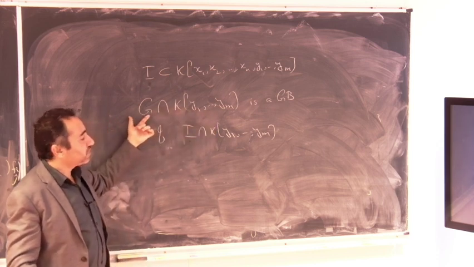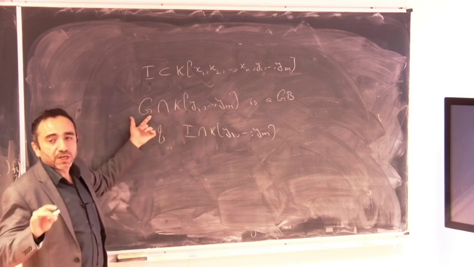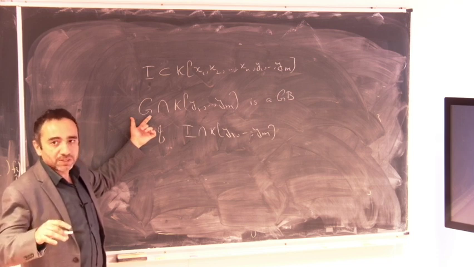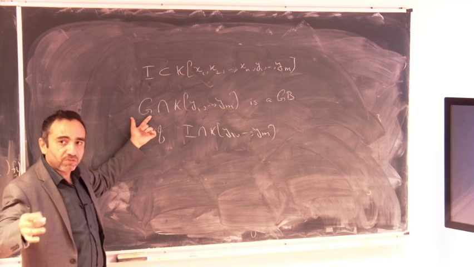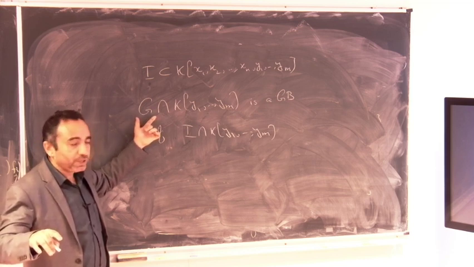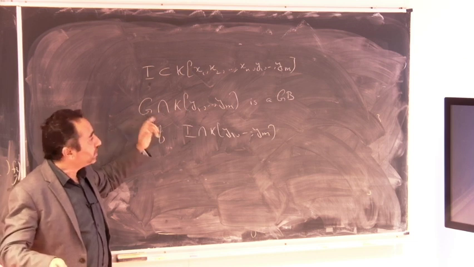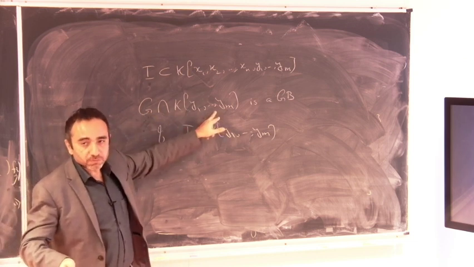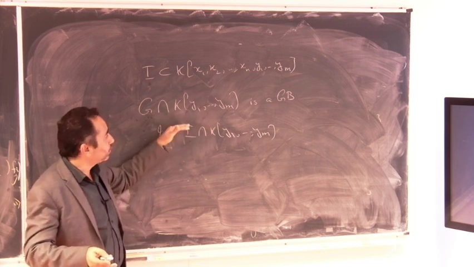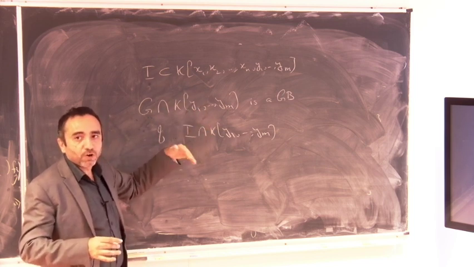So we need to see only those elements which have only y variables. If there are x variables, that cannot be in the intersection. If there is a mixture of x and y variables, that cannot be in the intersection. So we need to have only those polynomials which have monomials from the y variables only. By doing so, we can eliminate all x variables.